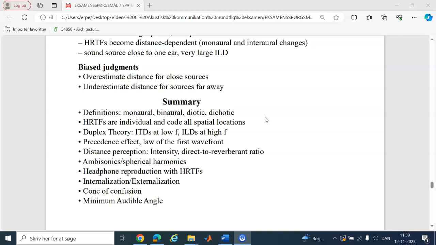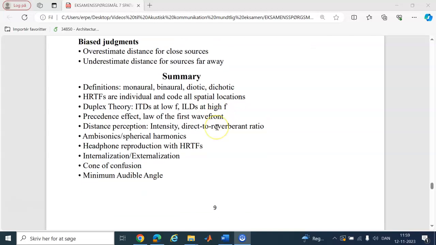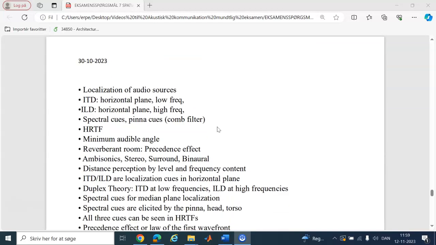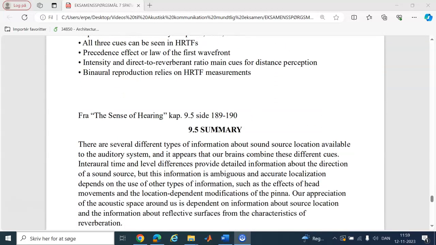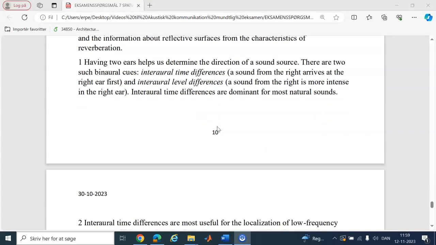Distance perception: intensity, direct to reverberant ratio. Ambisonics, spherical harmonics. Headphone reproduction with HRTF. Cone of confusion, minimal audible angle, and so on. A lot of things here. Okay, I take the summary here.